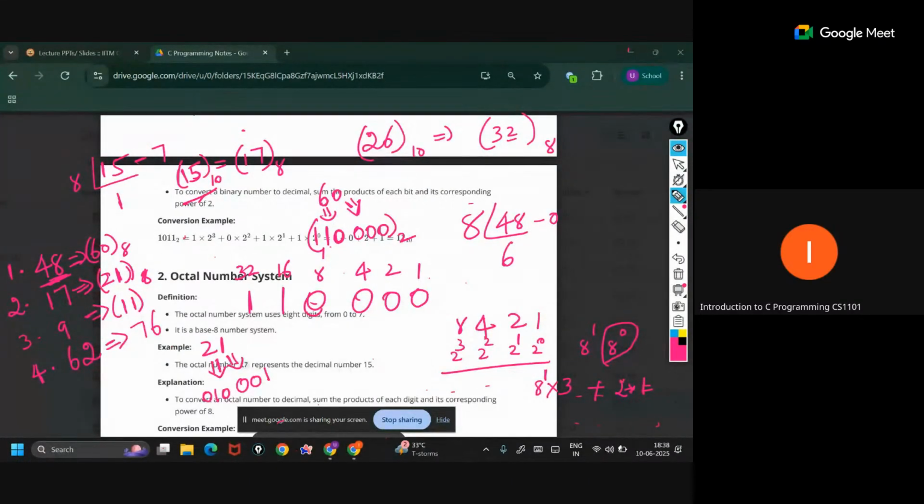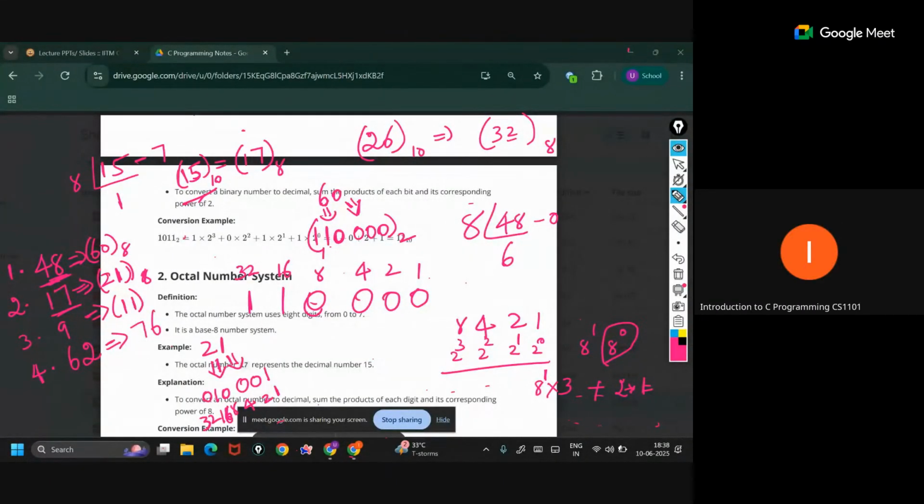So now add it with place values 1, 2, 4, 8, 16, and 32. So 16 plus 1, what is the value? 17, which is to the base 10. So the answer is right. Is it clear? Yes.